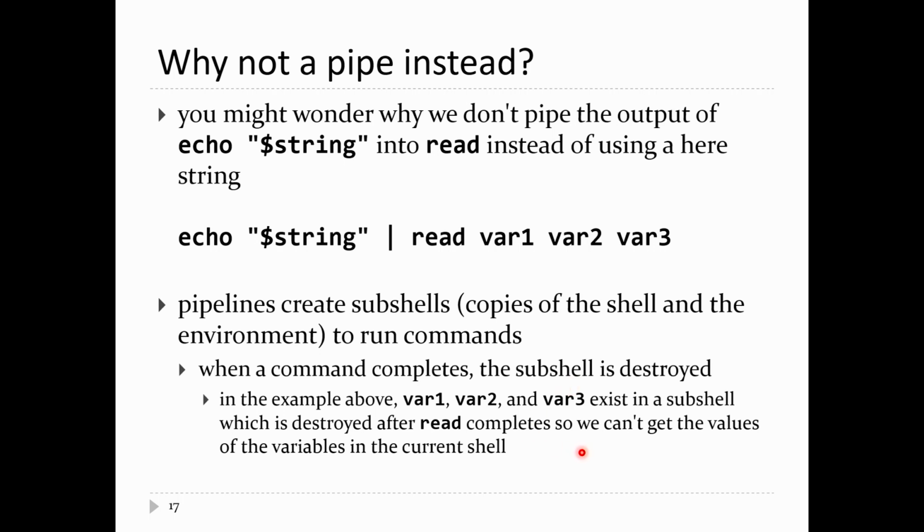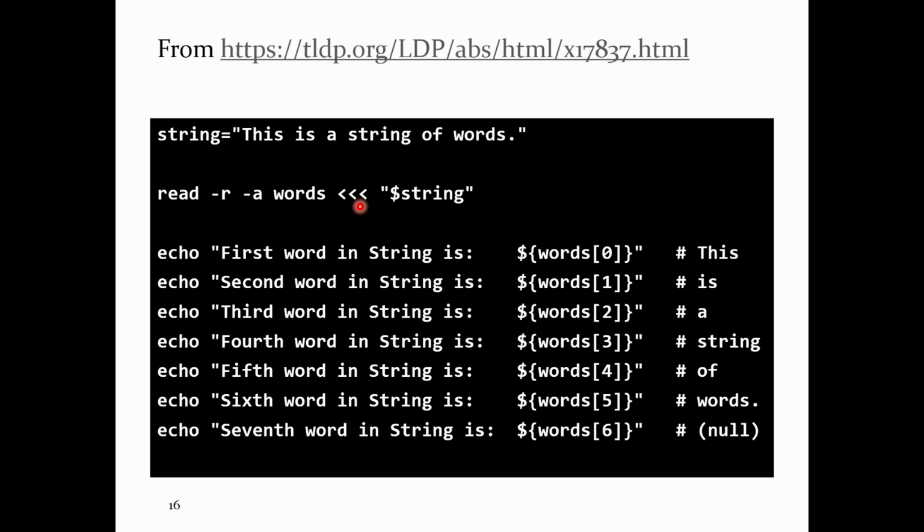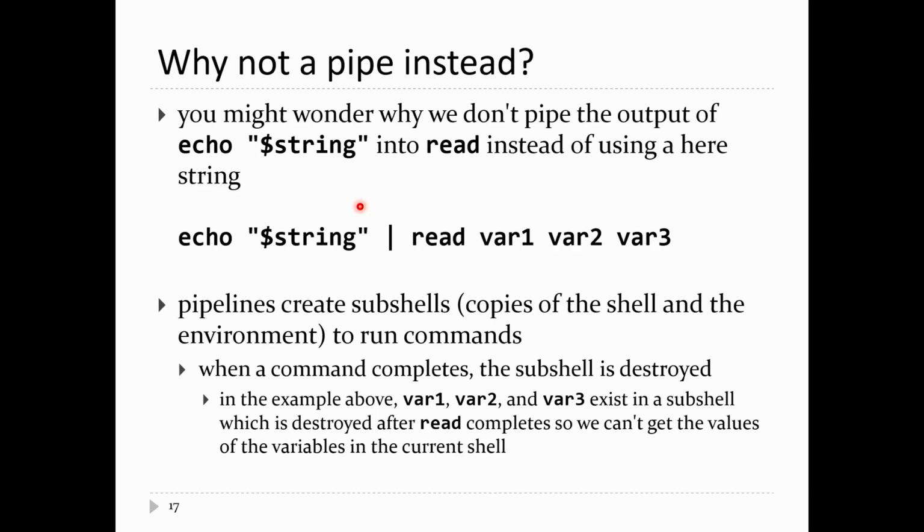They exist in the subshell, but then they go away and they don't come back to the shell where you started everything. And so that's why it doesn't work, which is why you have to do something else to get the input into read. That's why you have to use that here string instead of a pipe.